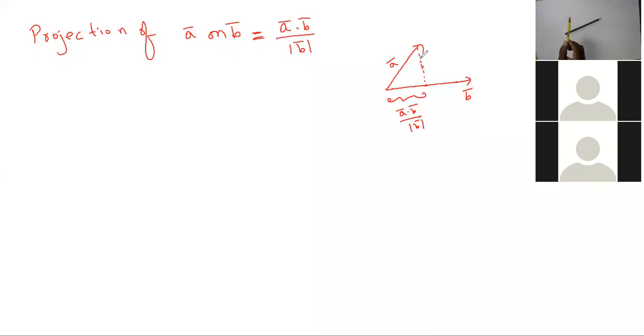Which one is correct? First, second, third. So majority says that may or may not be coplanar. When they are coplanar and when they are not coplanar. If they are lying on the same plane, then they are coplanar. If they are not lying on the same plane, then they are not coplanar, right?